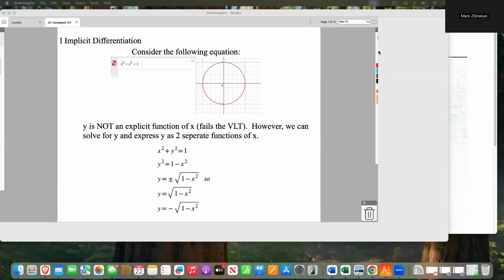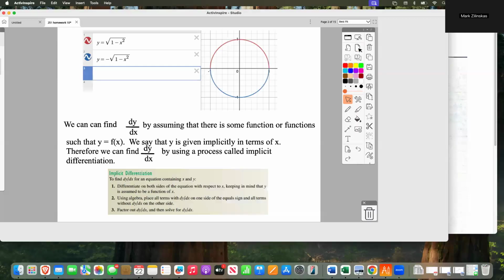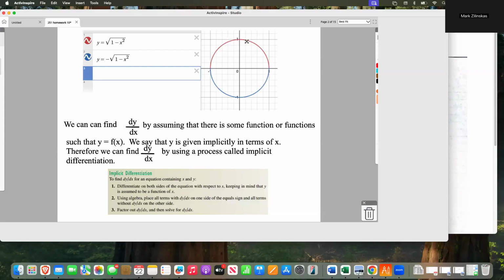Now, on the next screen, notice if I graph the top part, you can see the red graph, and the bottom part, the blue. That just summarizes how y can be a function of x if we consider two separate functions of x.